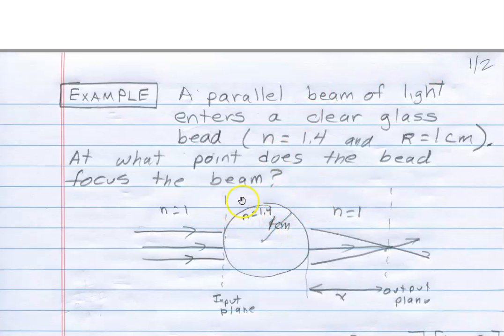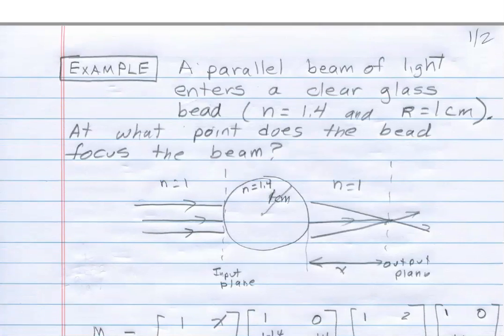And for any kind of determining focal length problems, one generally will put either the input or the output plane on the surface and the output plane at the focal point.